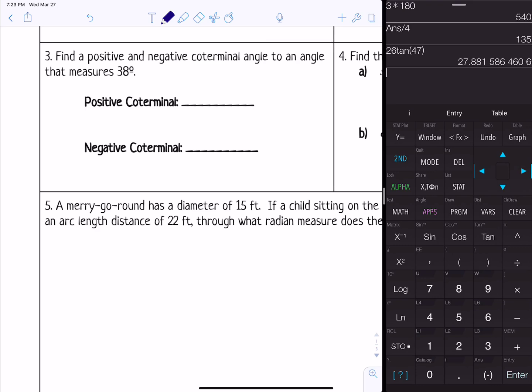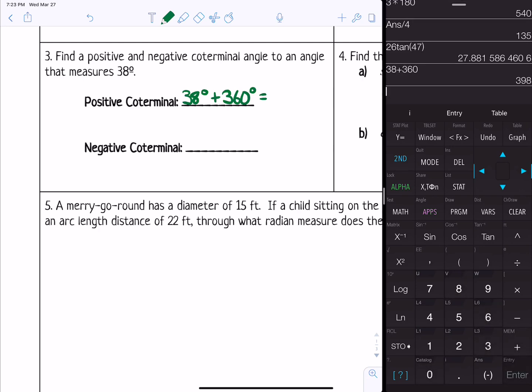It says find a positive and negative coterminal angle to an angle that measures 38 degrees. So you would take the angle you're given. To find a positive coterminal angle, you would add 360, and as long as you have a positive number, that is a positive coterminal angle. A negative coterminal angle just needs to be negative, so subtract 360 to get a negative one.